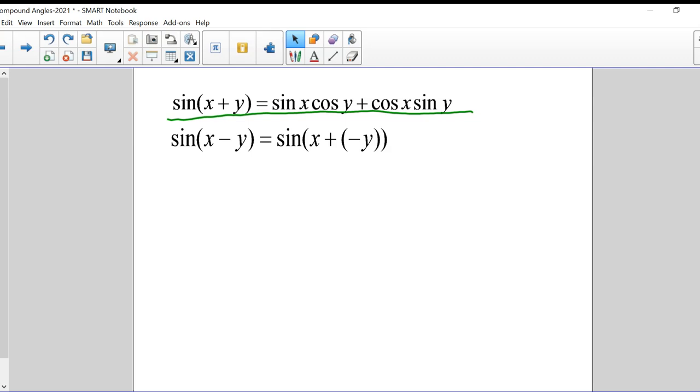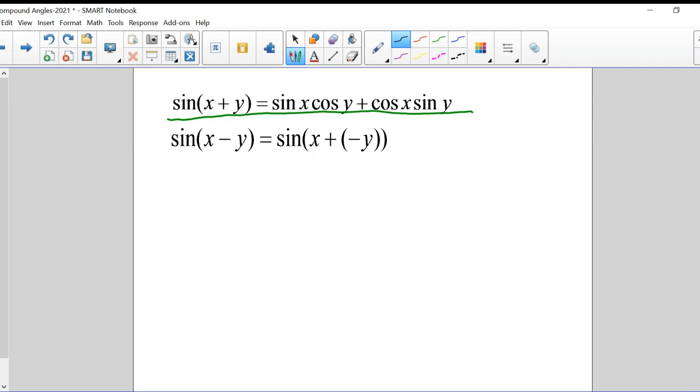So could we use that identity to derive the sine of x minus y? In other words, this is a sum compound angle, and this is a difference compound angle. If I have a difference, not x plus y but x minus y, could I use this compound angle identity to come up with this?